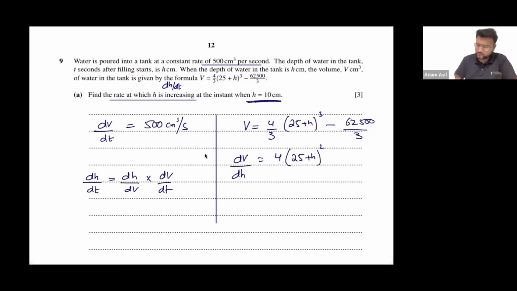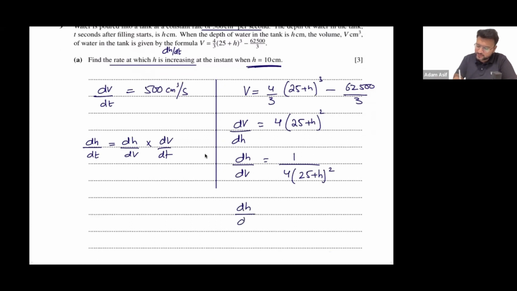Now, dH by dV is just going to be the reciprocal. We need to find dH by dV at the instant when h is 10. So that's going to be 35 square.